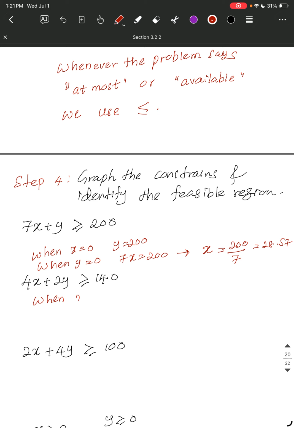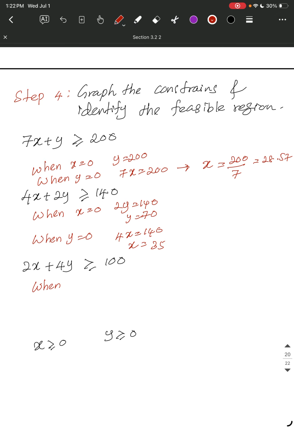Here when x equals 0, 2y equals 140, then y equals 70. When y equals 0, 4x equals 140, x equals 35. Then when x equals 0, 4y equals 100, y equals 25. When y equals 0, 2x equals 100, x equals 50. Also from here, x equals 0, y equals 0.